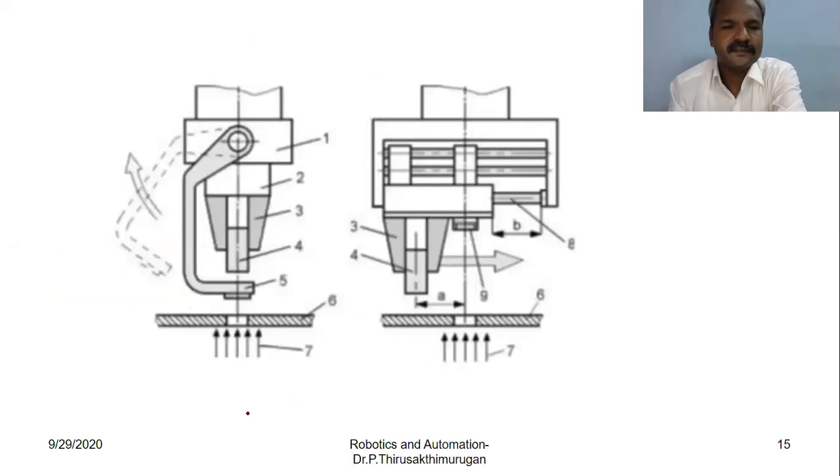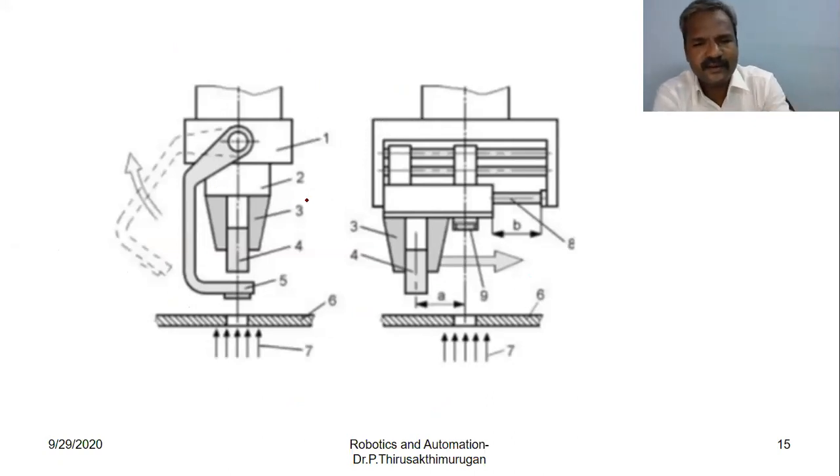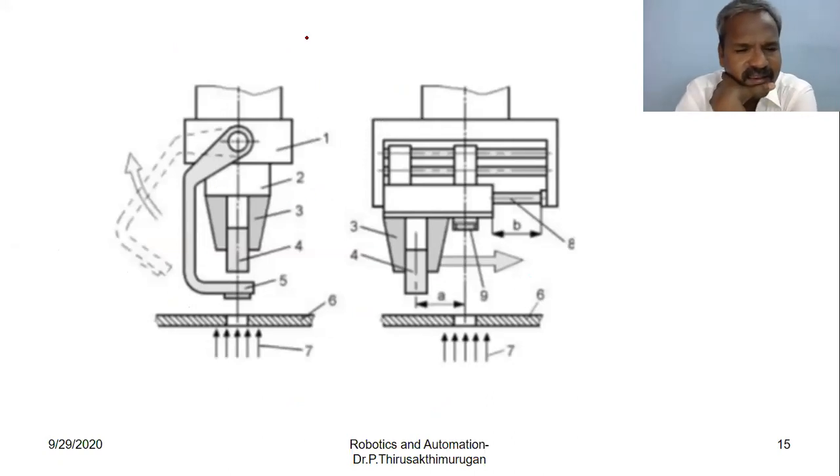So there are 4 types of slip sensors. These are different types of sensing devices, single and multiple operated sensors.